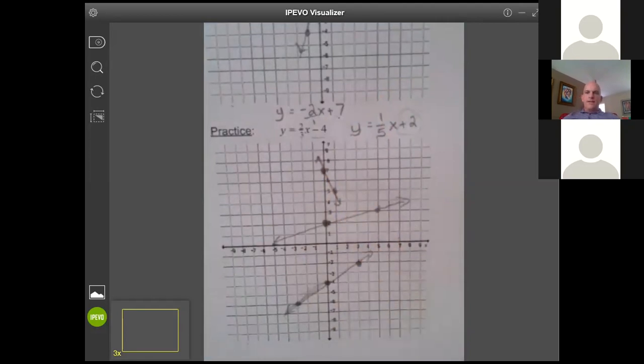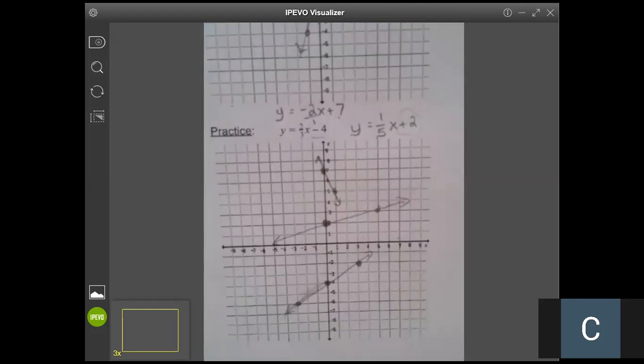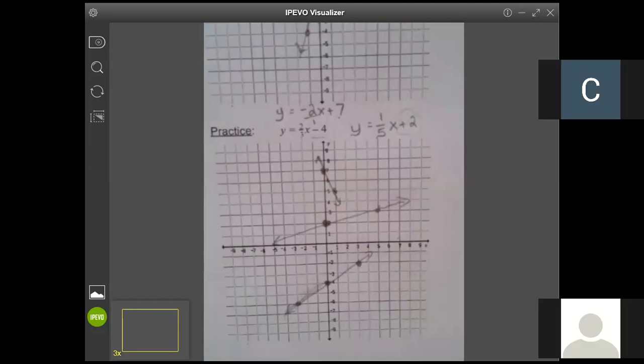So if your negative slope is not going down, let's say you're doing your IXL section and you're not seeing the line going down, but you have a negative slope, reevaluate what you did for your work there, because we have to make sure that we're graphing the proper type of slope.